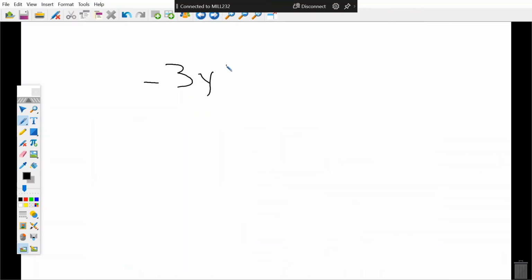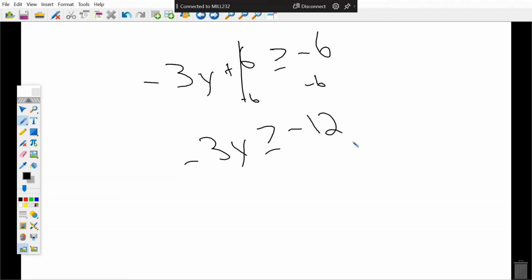So I minus 6 from both sides, right? I have negative 3y is greater than or equal to negative 12.